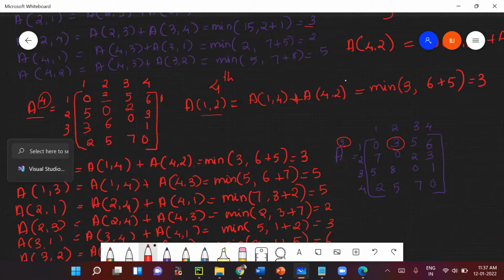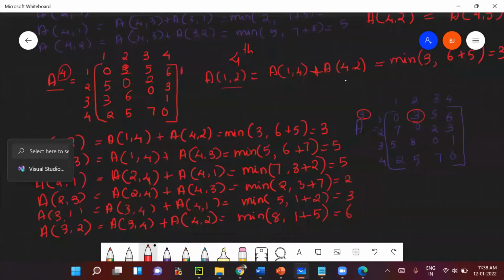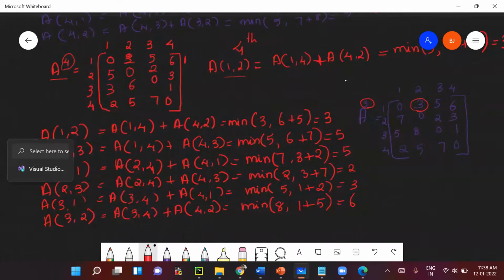So we are going to update A of 1, 2. What is the value we are getting? You are getting value 3 only, right? Yes, 3, ma'am. So you will be updating it as 3. See, we are getting it as 3.